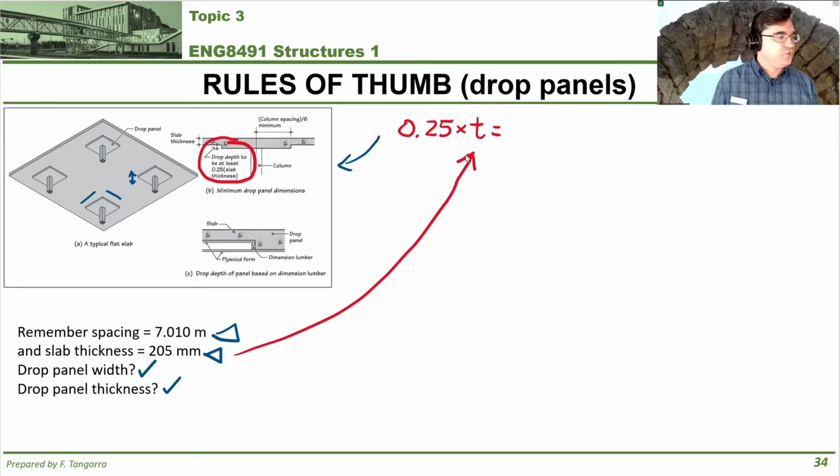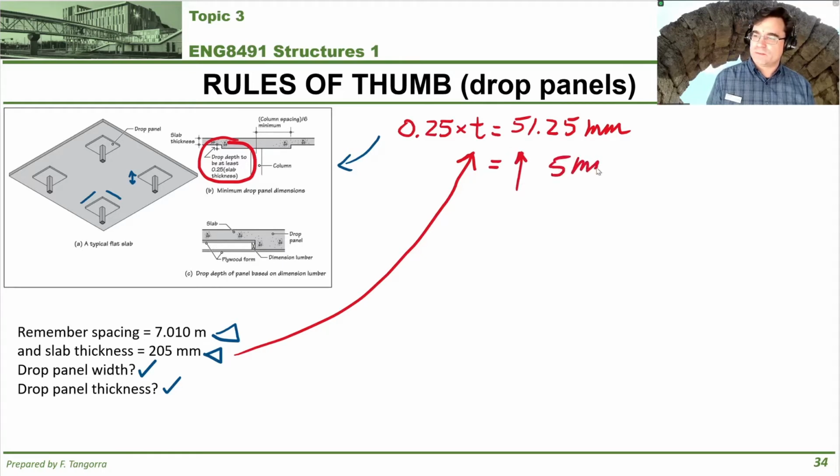So 0.25 times 205 millimeters, I get 51.25 millimeters. So is that the thickness of our drop panel? No, don't forget, we have to round up to the nearest 5 millimeters. So that would mean that it would be 55 millimeters, right?